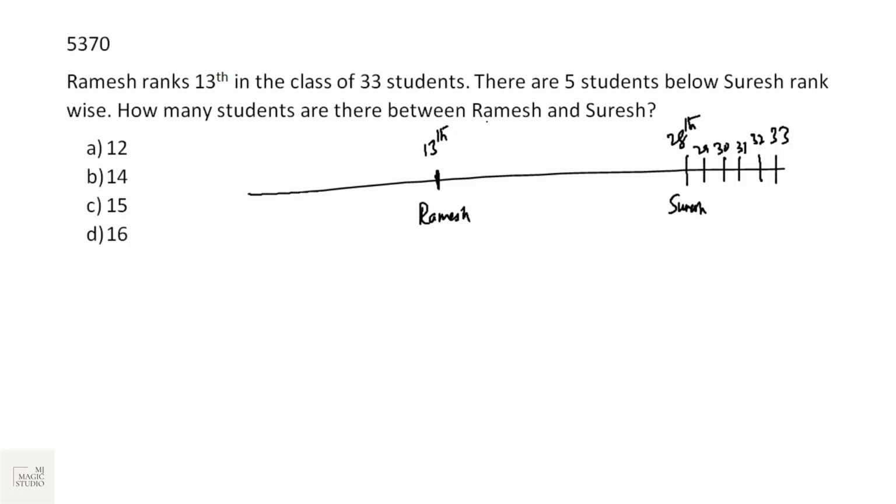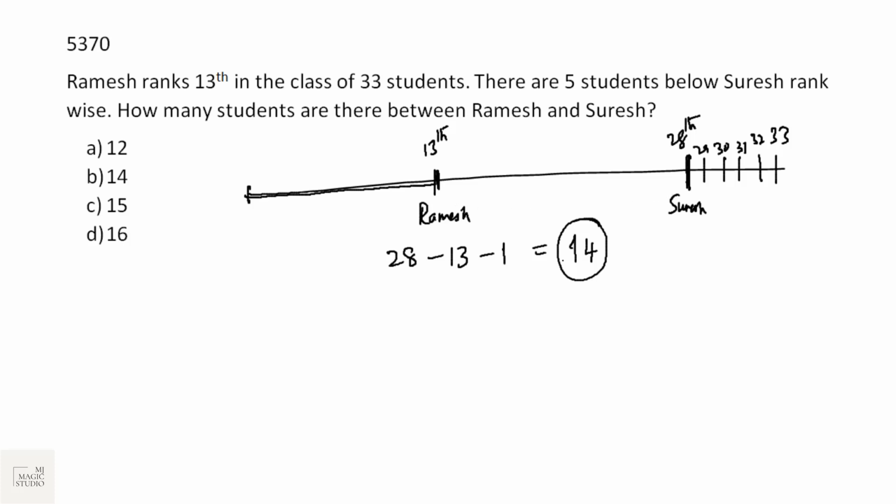How many students are there between Ramesh and Suresh? Now we can see that from the top till Suresh we have got 28. 28th position is Suresh. 13 gone. So how many students are there between Suresh and Ramesh? It is 28 minus 13 minus 1. That is 14.